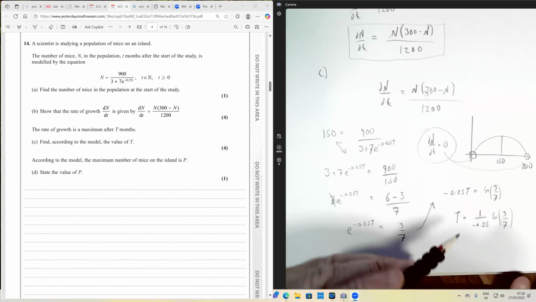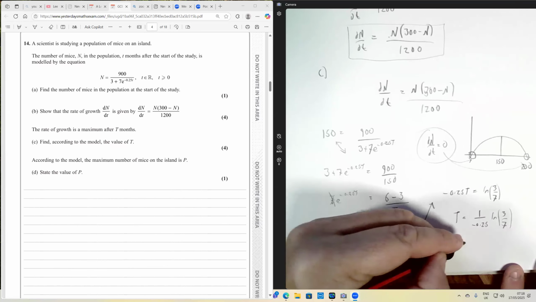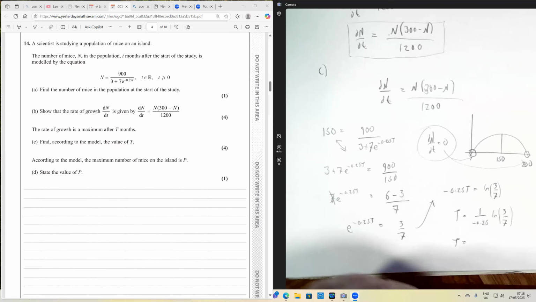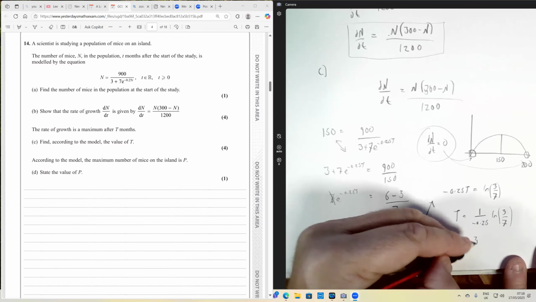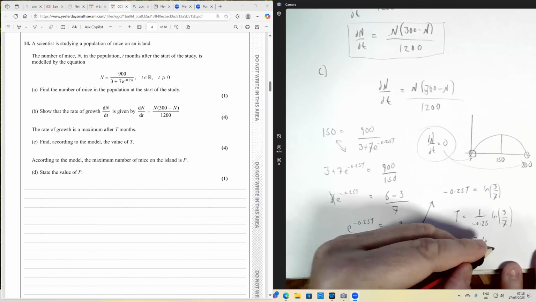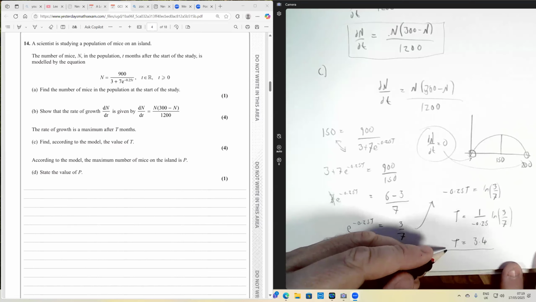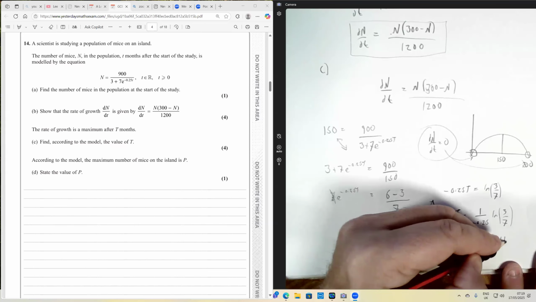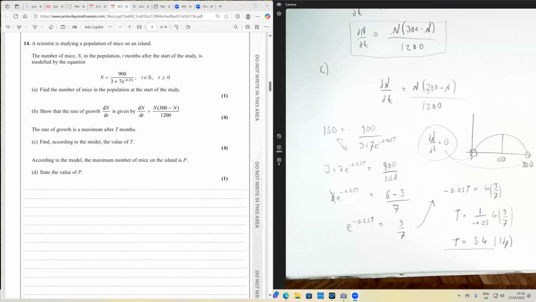It's perfectly fine, or you could put it in your calculator and work it out, and that turns out to be 3.4. So t is equal to 3.4 to 1 decimal place. Okay, so that's part C done, which was a much nicer 4 marks than the previous bit.